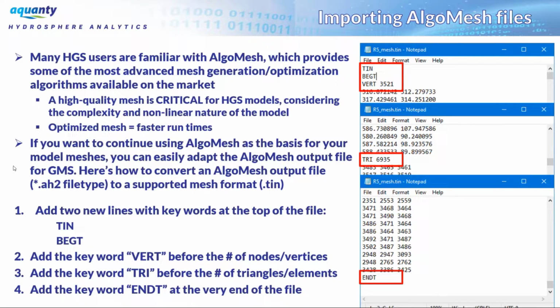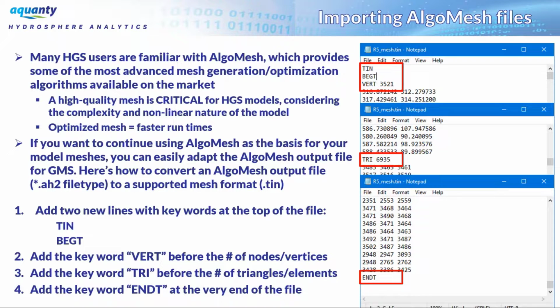That's basically a walkthrough of the interface, and I'll do a live demo here in just a minute. But before we get into that, I just want to point out a few things for those experienced HGS users. Most HGS users, we recommend, and internally at Aquanti, we definitely build up all of our model meshes using AlgoMesh. It's a program that has basically the most advanced mesh generation and optimization algorithms available.